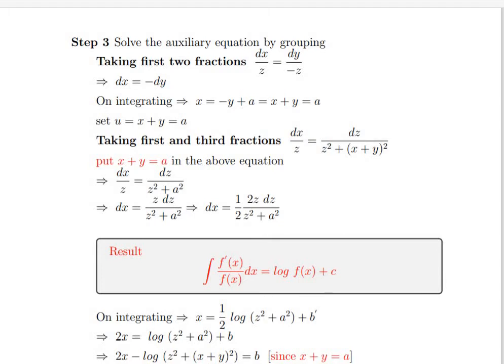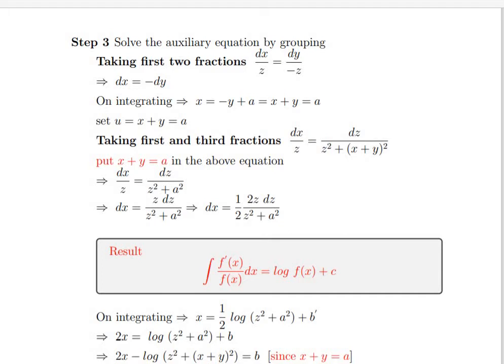You can see in the left side of the equation there is z that can be taken to the right side, so the equation will become dx equal to z dz by z square plus a square.